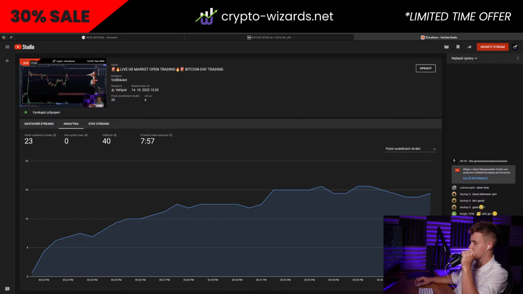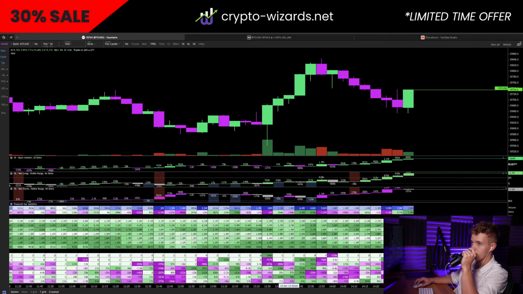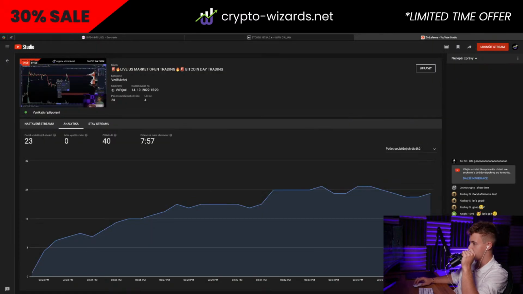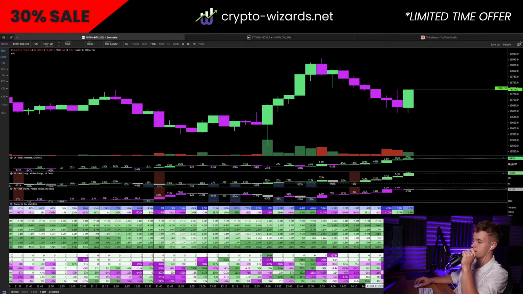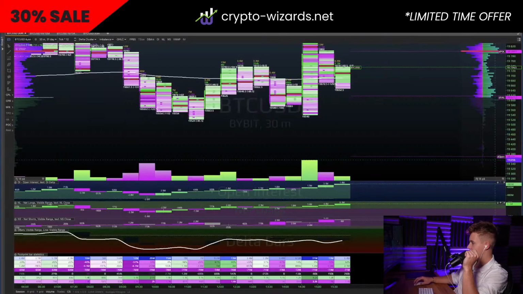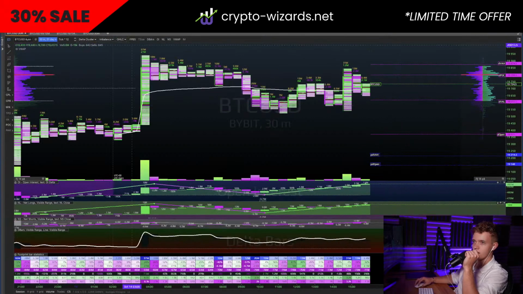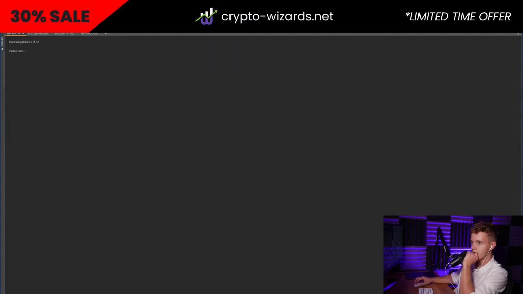I think it will be bouncing around VWAP. Open interest is decreasing. Yeah, this is the thing that's happening right now. Let me open the desktop version of Exo. We can monitor the open interest a little bit, but it's not really decreasing on Bybit. Or is it? Let's have a look.